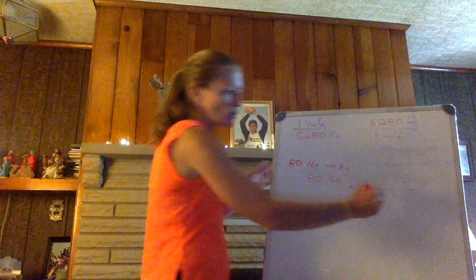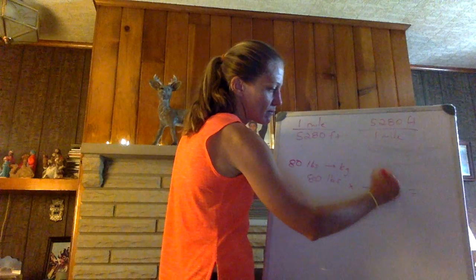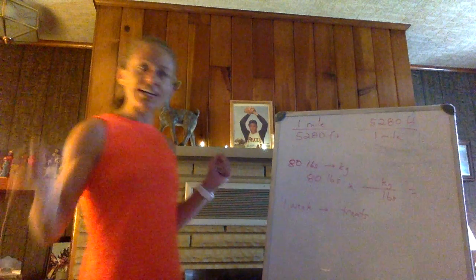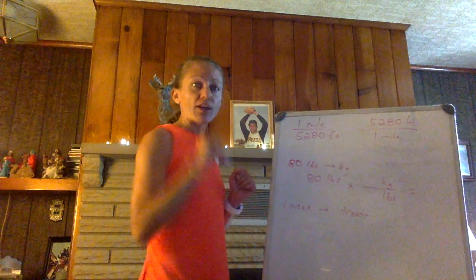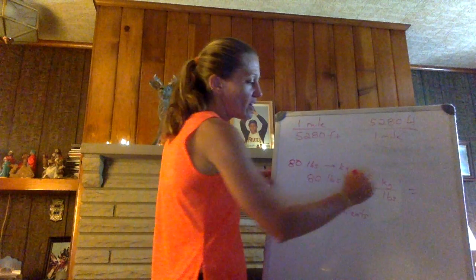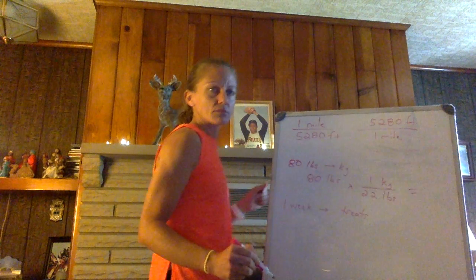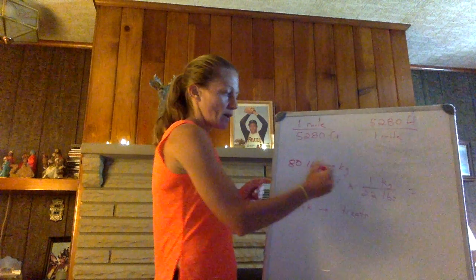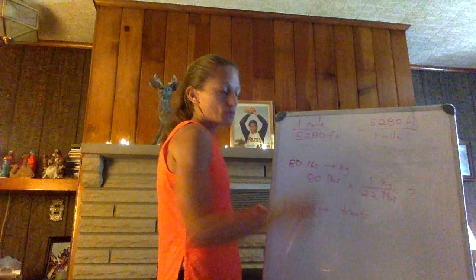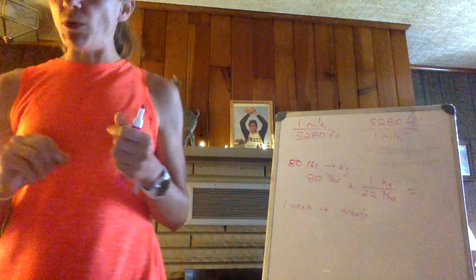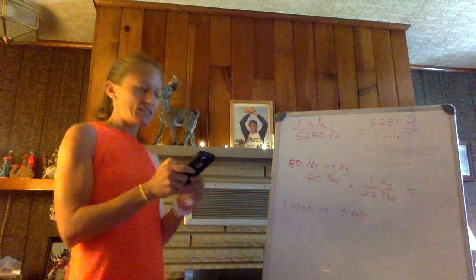I want the same unit on the bottom and the new unit on the top. When I look this up in a table of conversion factors, or if I know it, I know a kilogram is 2.2 pounds. Cool. Pounds cancels on top and on bottom. 80 divided by 2.2.